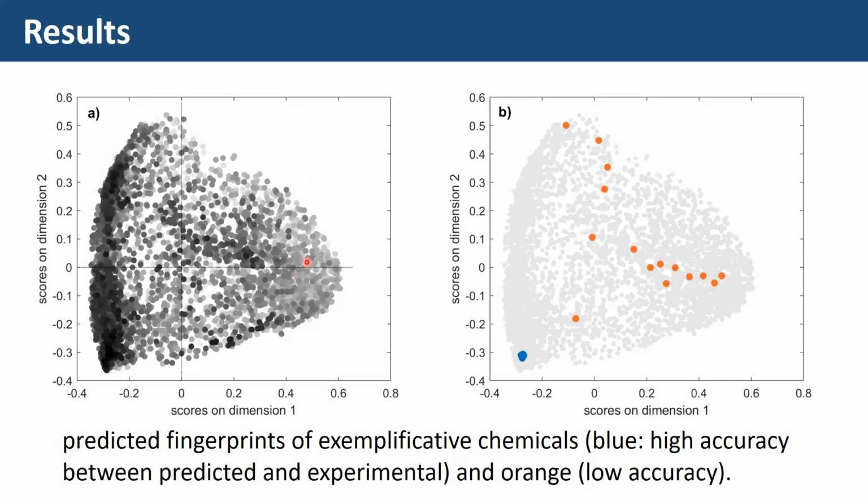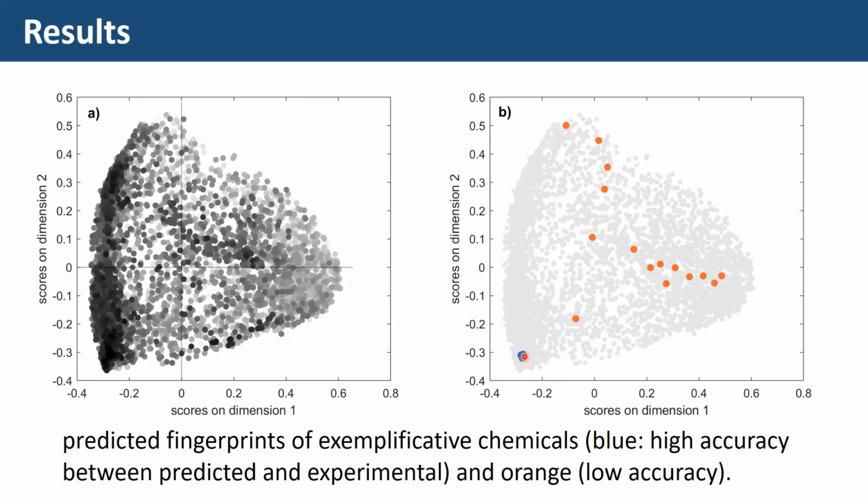And we tried to look better at these results with some exemplificative situations. For example, here you have a lot of blue points. These represent the fingerprints predicted from the spectra of the same chemical, which were very accurate.